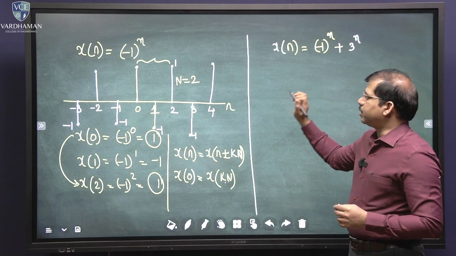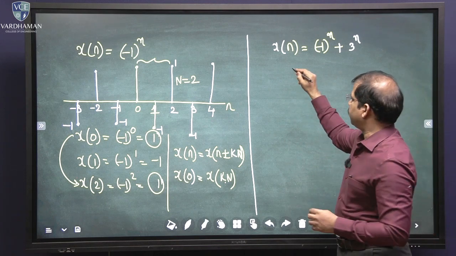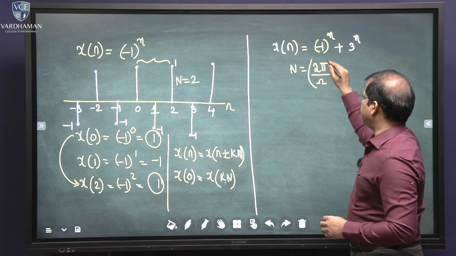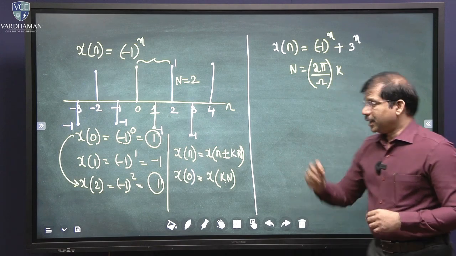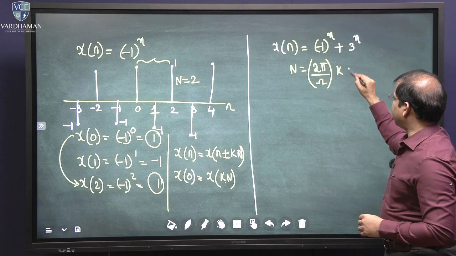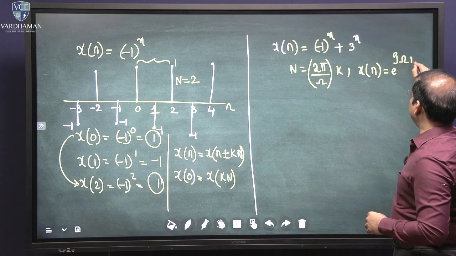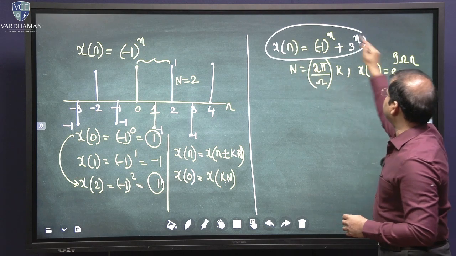To understand the time period of this signal, you cannot apply the formula capital N equals 2 pi by omega into k. You cannot apply it on this. Why? This particular formula is derived assuming that x of n equals e power j omega n, but this particular signal is not in that format.